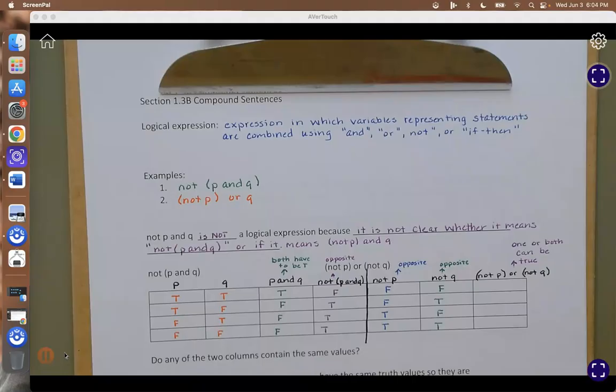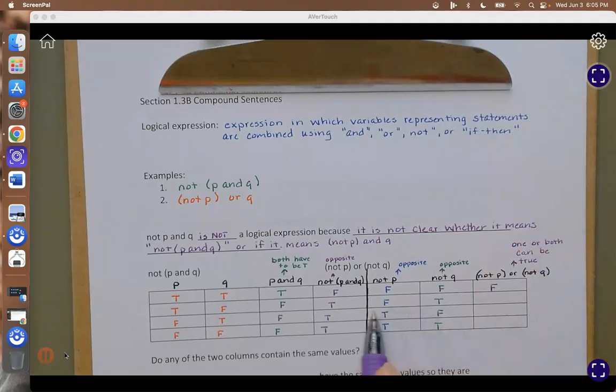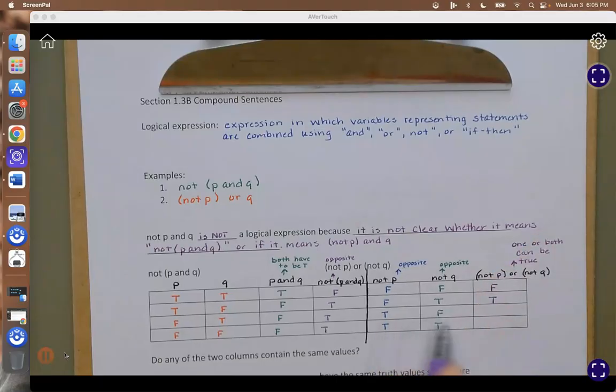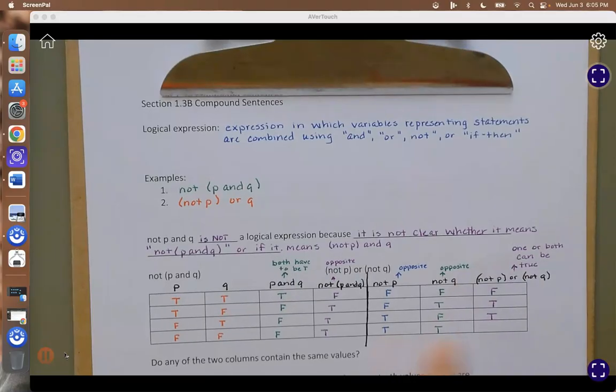So as long as there's a T somewhere, and we're comparing this row and this row, the not P's and the not Q's. So are there any trues here? No. So that's a false. Are there any trues here? Yes. So that's a true. Are there any trues here? Yes, that's a true. Are there any trues here? Yes, that's a true.